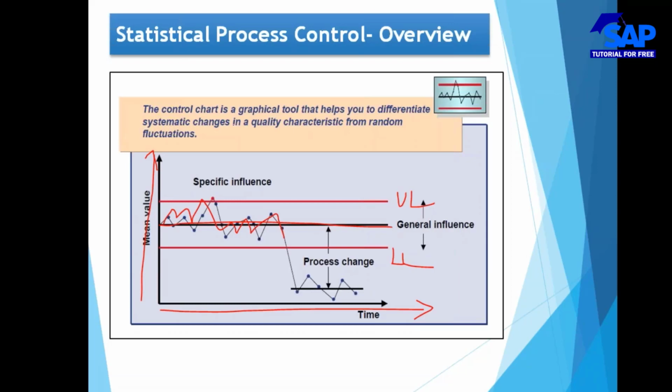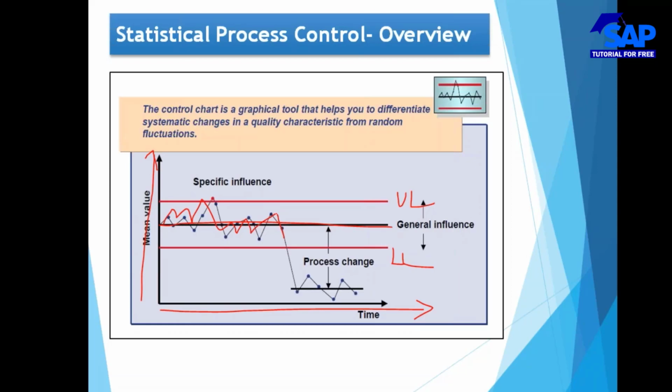So basically, the control chart is a graphical tool that helps you differentiate systematic changes in a quality characteristic from random fluctuations. You will identify the pattern of your results, whether they are touching the lower limit and upper limit all the time, or they are behaving very near to your target value.